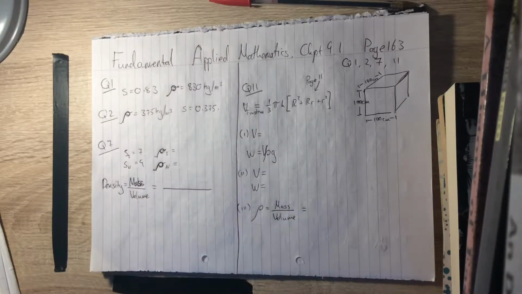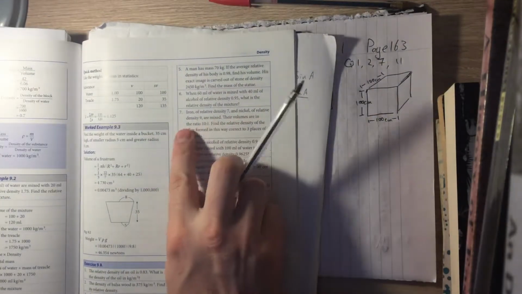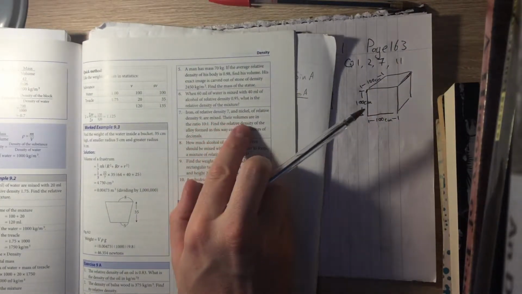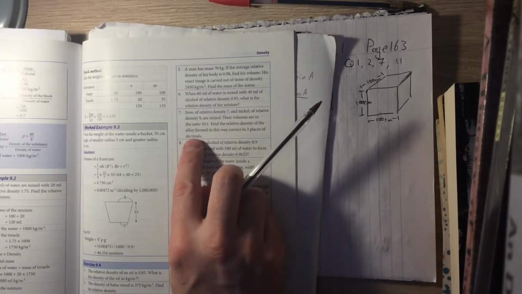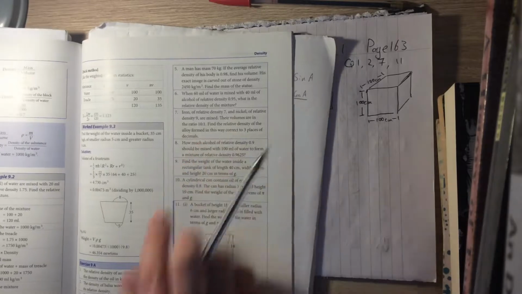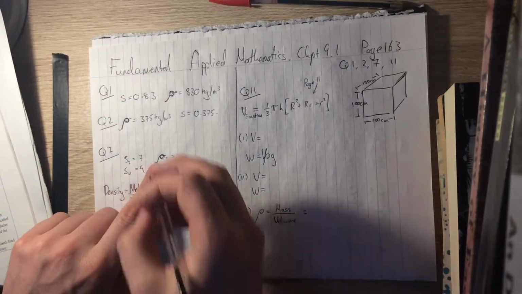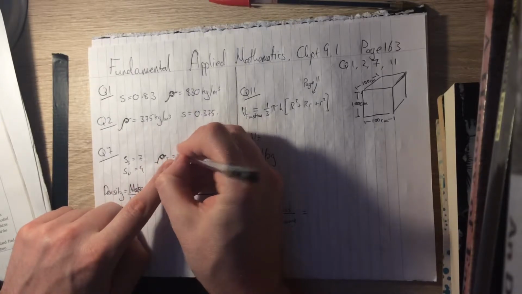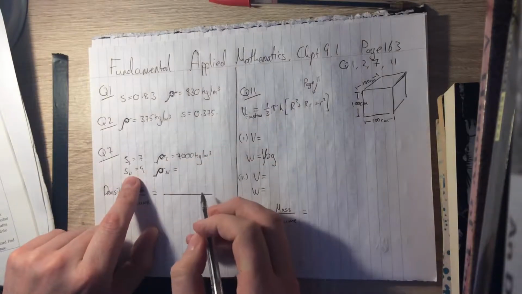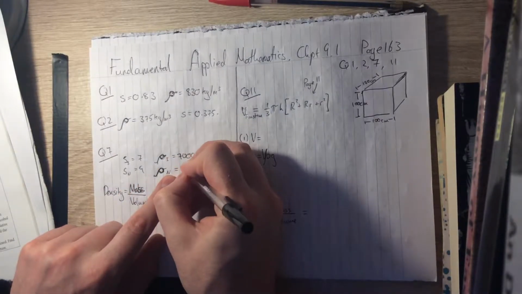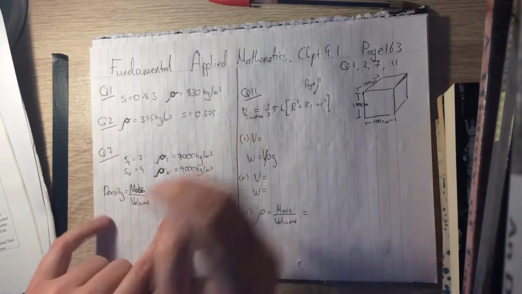Question 7, iron of relative density 7 and nickel of relative density 9 are mixed in a 10:1 ratio of volume. Find the relative density of the alloy formed in this way, correct to 3 places of decimals. So if you have iron with a relative density of 7, that means it has a density of 7,000 kilograms per meter cubed, and nickel has 9,000 kilograms per meter cubed.